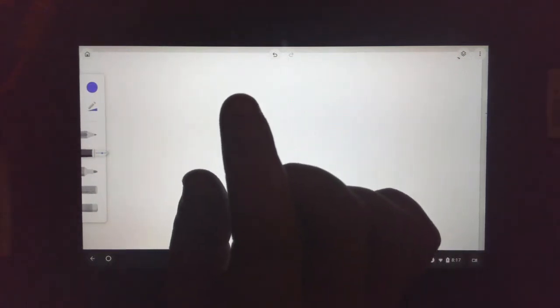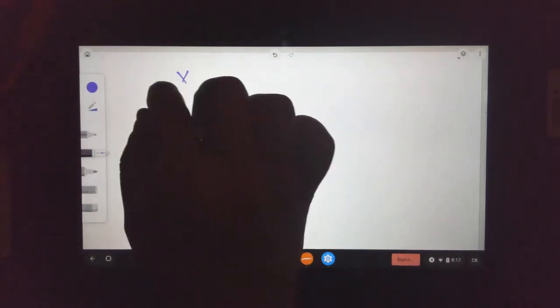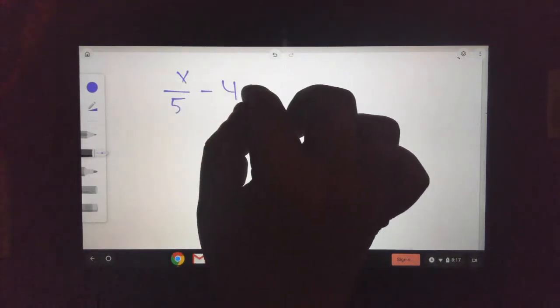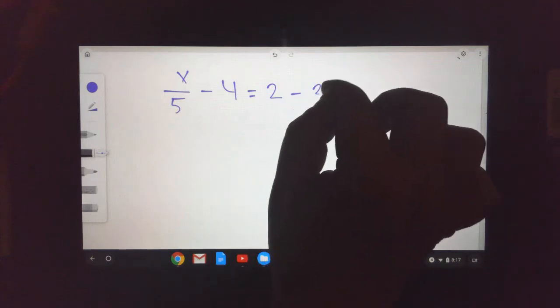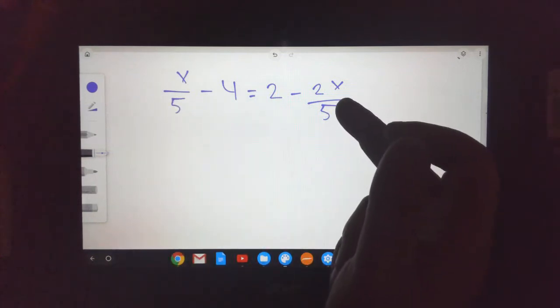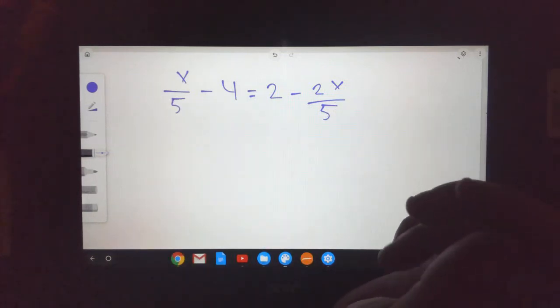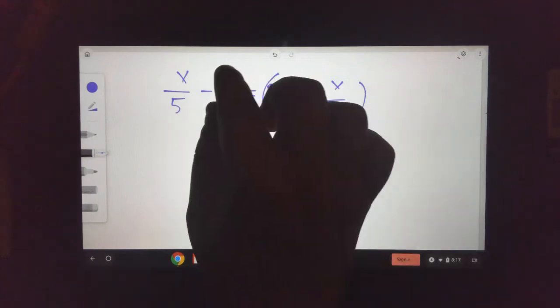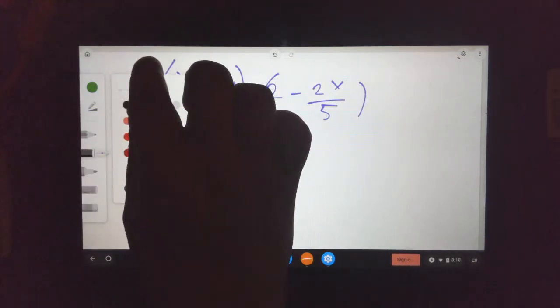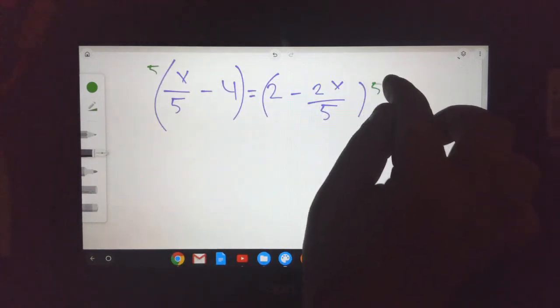Next question is x over 5 minus 4 equals 2 minus 2x over 5. Well, x over 5, 2x over 5. I think pretty obvious, huh? I think I should multiply everything by 5.